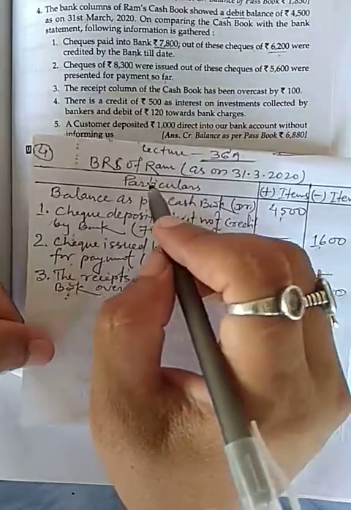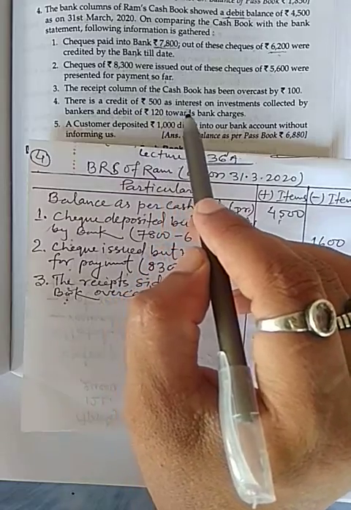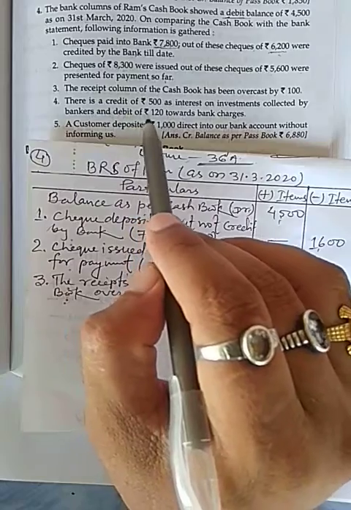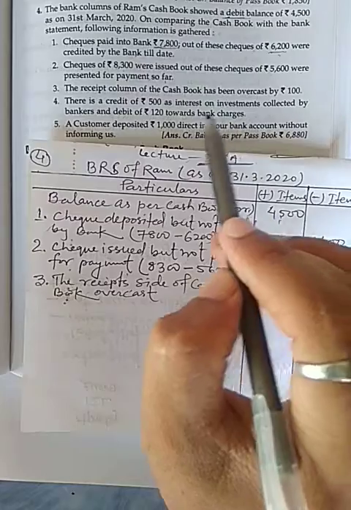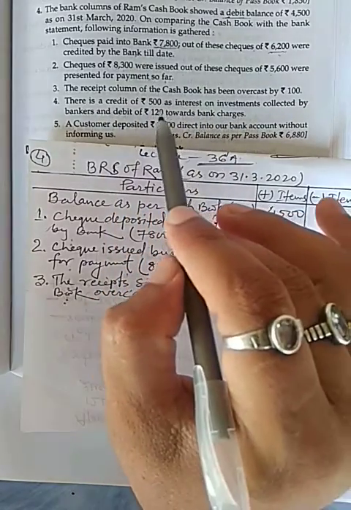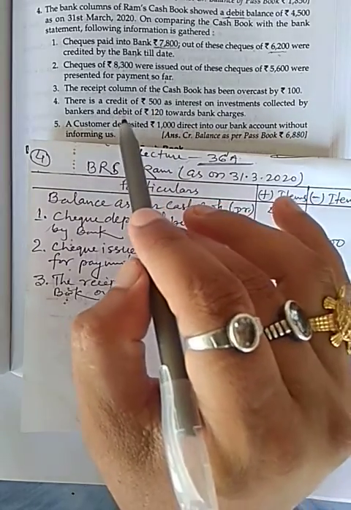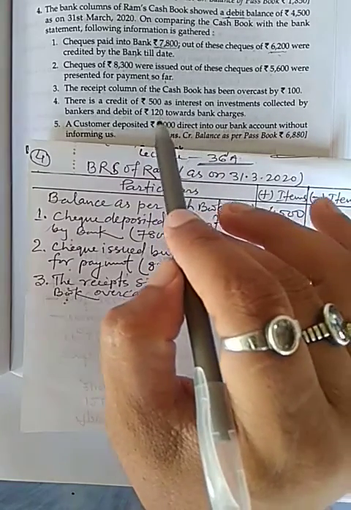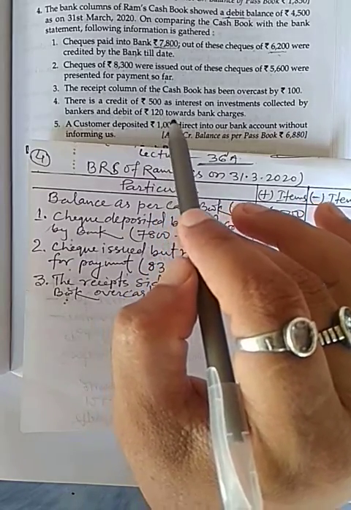Now student, the fourth point is saying there is a credit of 500 as interest on investment collected by bankers and a debit of 120 toward bank charge. So we all know if bank credited interest, it will be plus item, and when bank charged for any service, then it will be minus item.